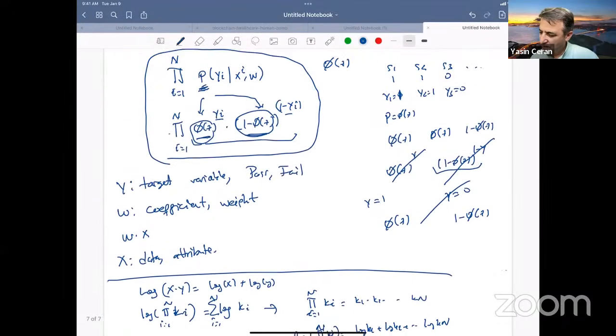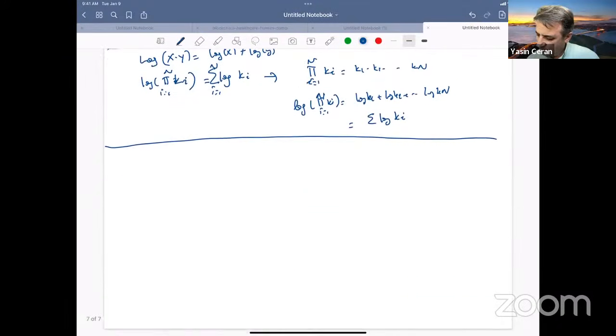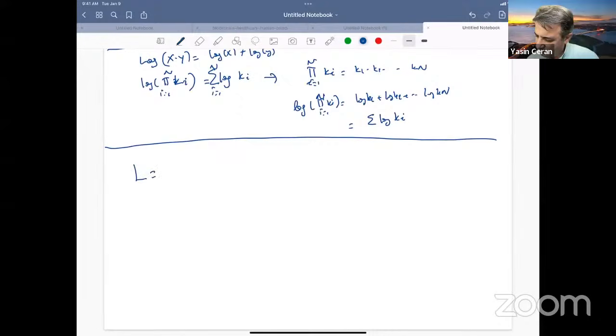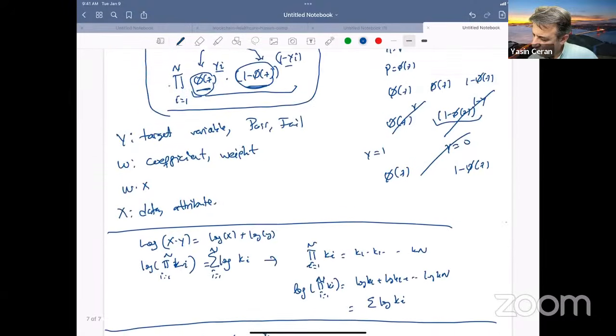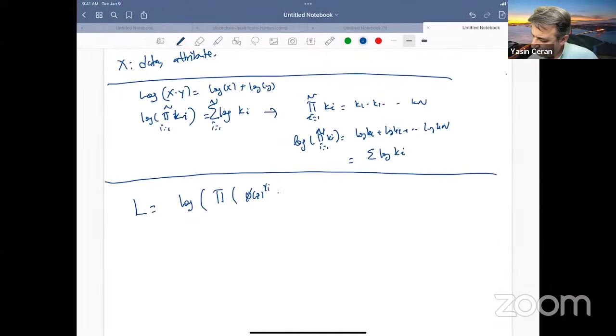All right. So I will take the logarithm of pi. We know what this is now. Here i is going from 1 to capital N. Capital N is the number of people, the number of students in this case.